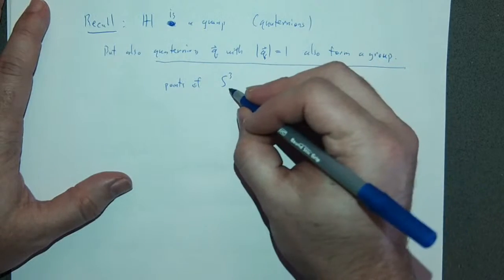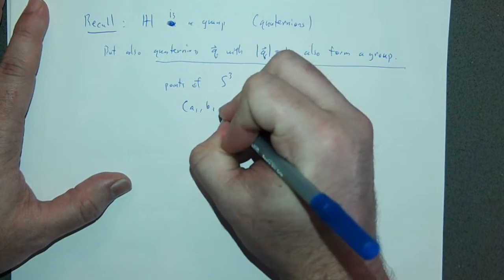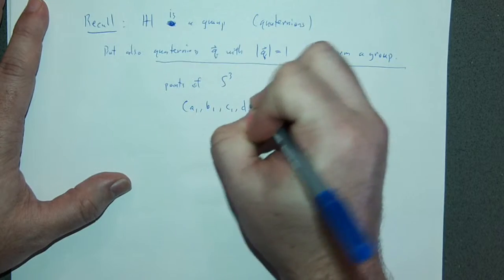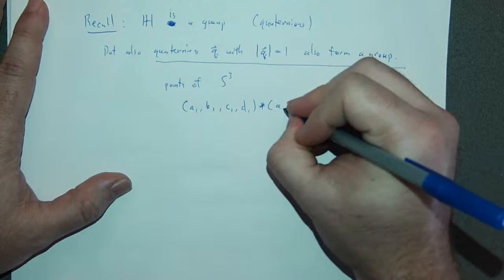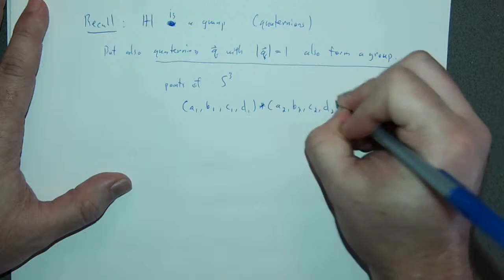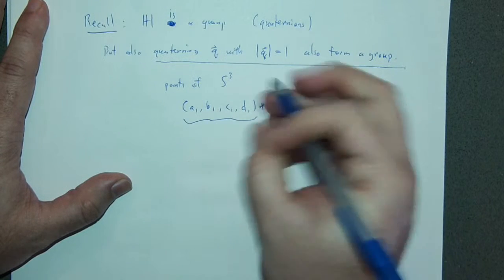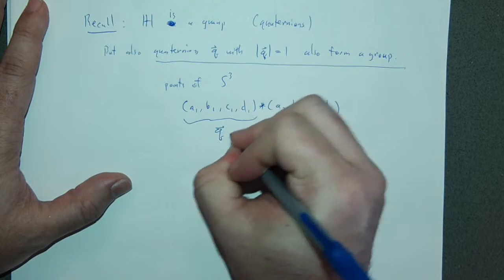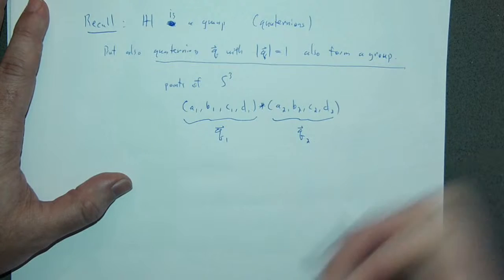The idea is if I have 2 points on S3, so let's take 2 points on S3 and let's star them together. Okay, what is this product going to be on S3? Well, these 2 points are associated to 2 quaternions that I'll call Q1 and Q2.